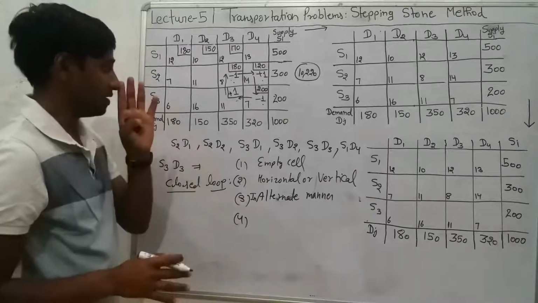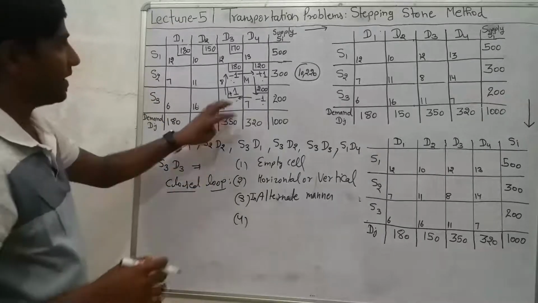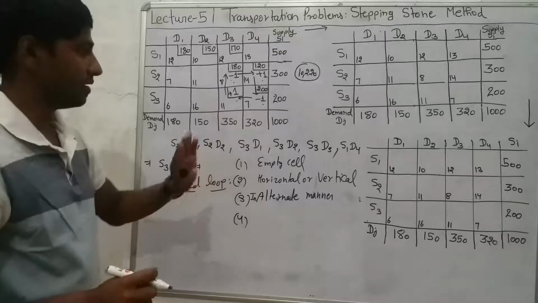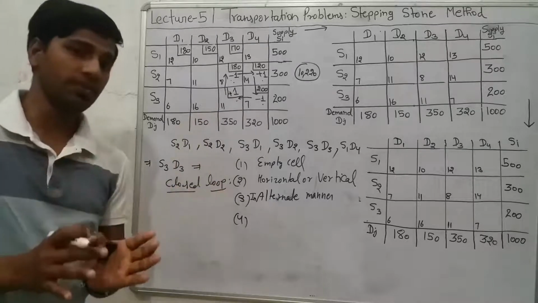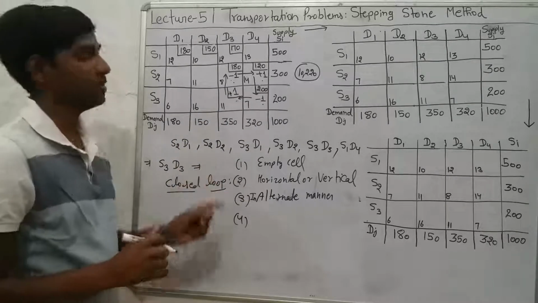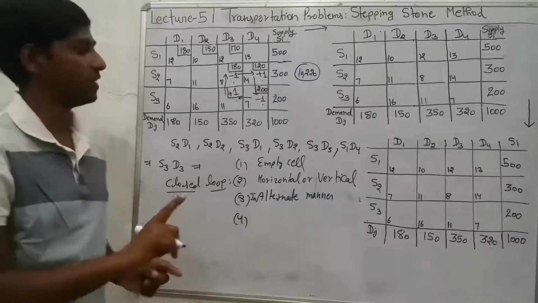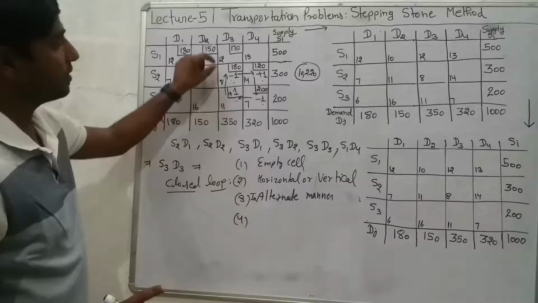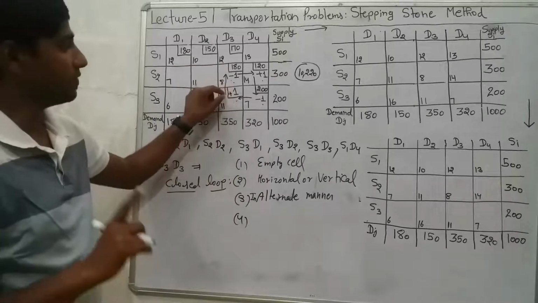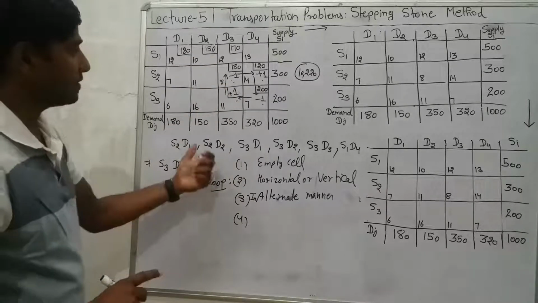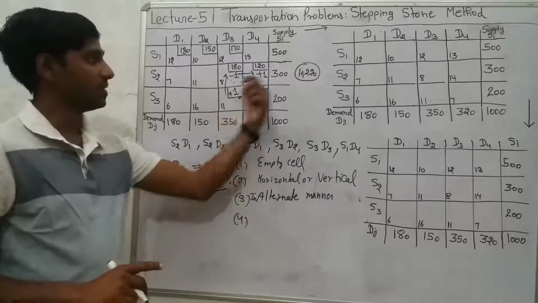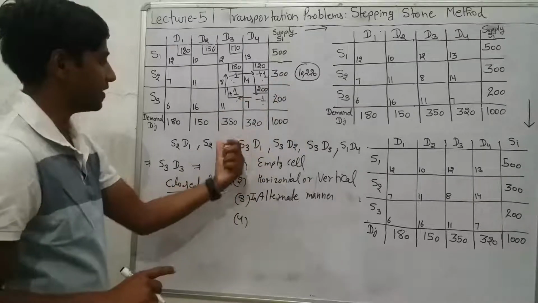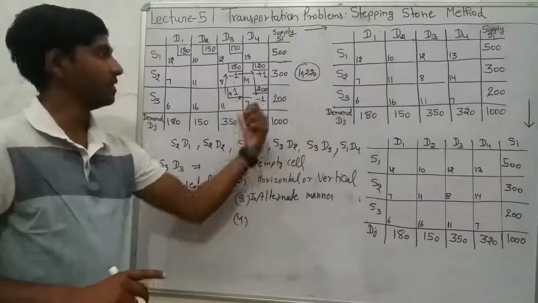So in a nutshell, we can say that in a closed loop, in a particular row or column, there would be two signs, one positive and one negative at max. So there cannot be more than two signs. One should be negative and one should be positive. Why is it so? Because we have to satisfy certain rim requirements, certain supply and demand requirements.